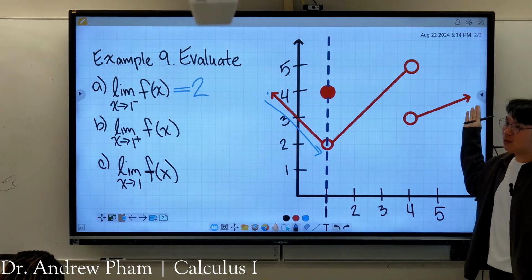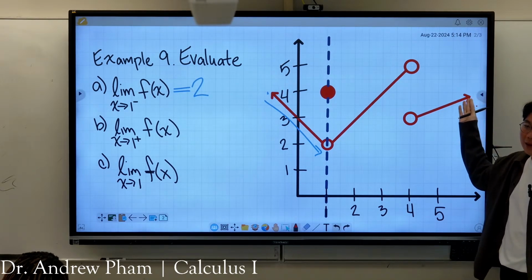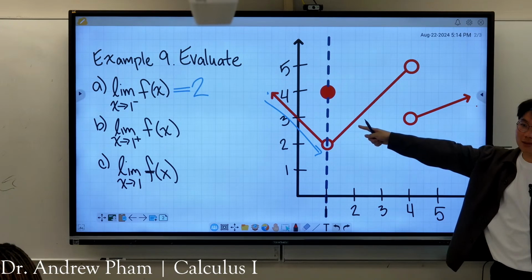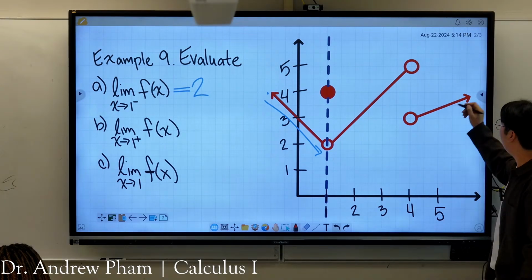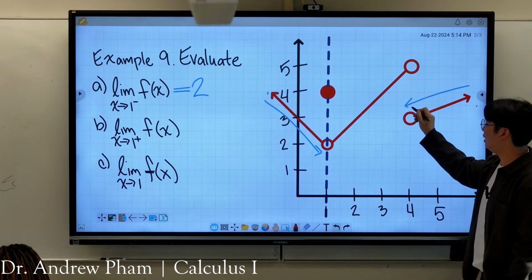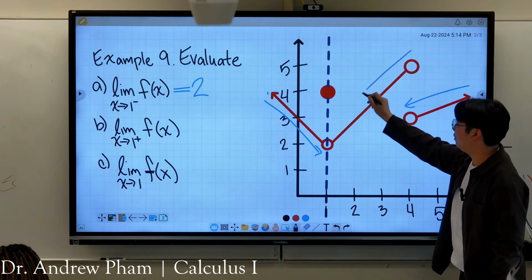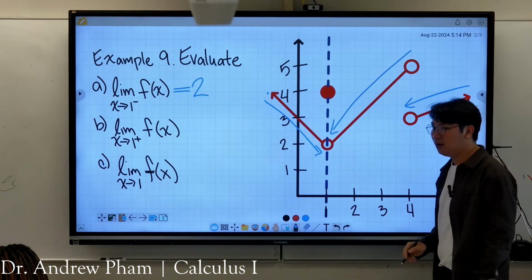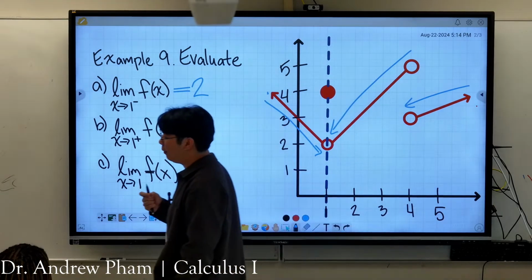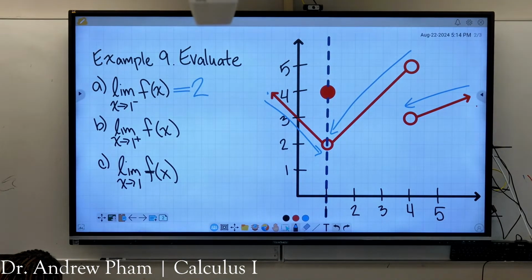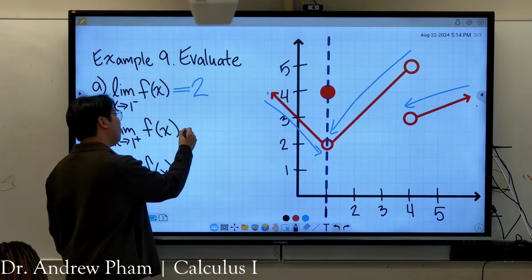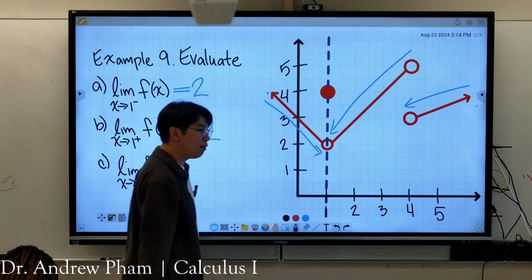So let's start on the far right and follow my graph until I get close to my blue line. So if I follow it, I go here, and then I jump, and I follow it. Where does it look like I'm heading towards? What height? 2. So my right-hand limit is also 2.